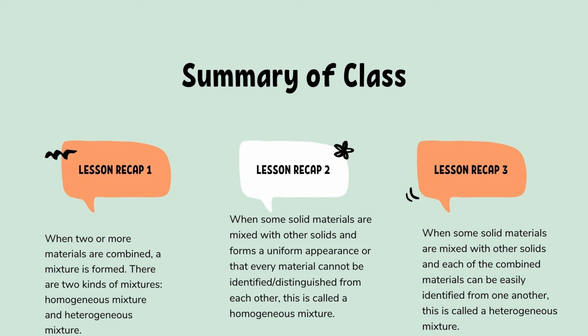When some solid materials are mixed with other solids and form a uniform appearance, or every material cannot be identified or distinguished from each other, this is called a homogeneous mixture. Lesson recap number 3. When some solid materials are mixed with other solids and each of the combined materials can easily be identified from one another, this is called a heterogeneous mixture.